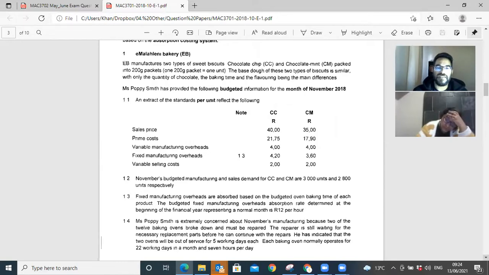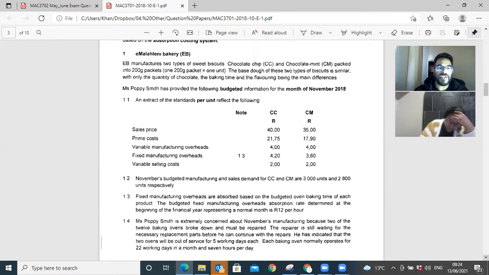They say the base dough of these two biscuits is similar, with only the quantity of chocolate, the baking time, and the flavoring being the main differences. So the dough is similar, but there are 3 differences: the quantity of chocolate, the baking time, and the flavoring. Okay, so those are the 3 things.